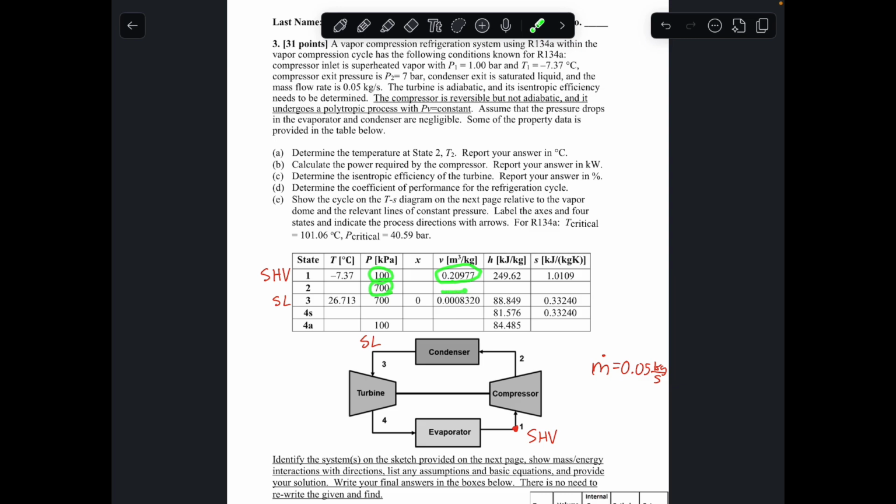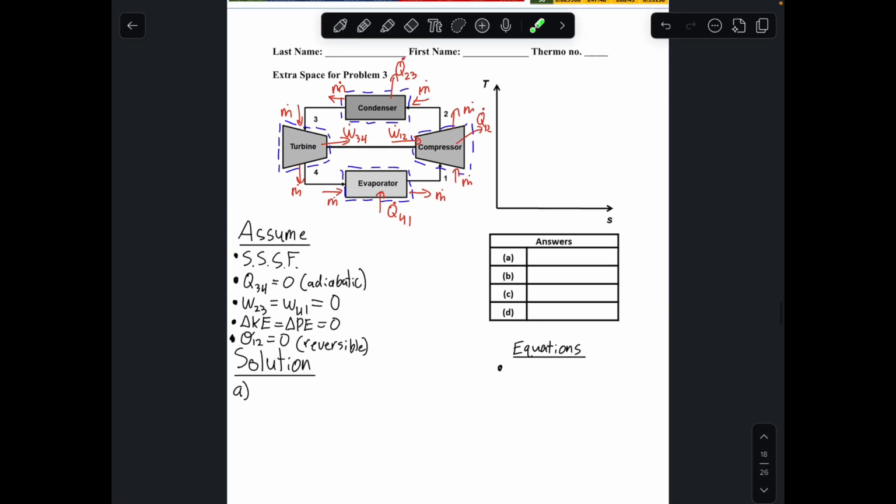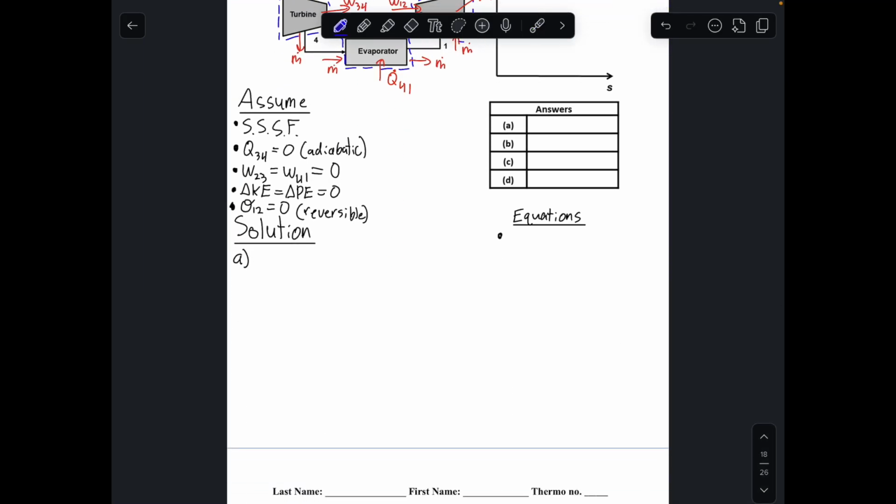And so if we look at our table, we already have information for P1, V1, and P2. So we can just use that to solve for our specific volume at state 2. And once we have specific volume at state 2, we can use that and our pressure in order to find the temperature at state 2. So that's our approach. We will just use this polytropic process relationship and solve for the specific volume at state 2.